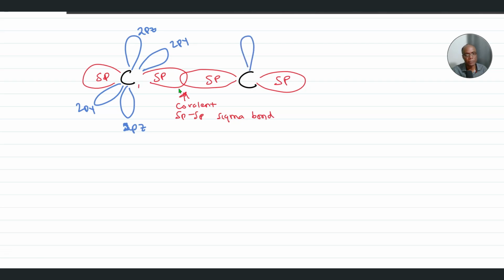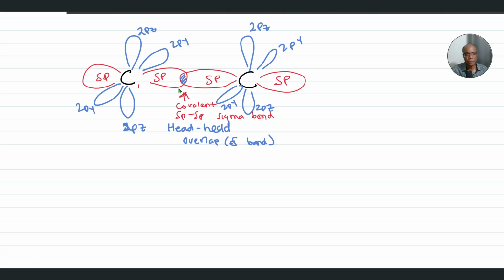So similarly, this one will have a 2pz unhybridized orbital, that's your 2pz, and then 2py on the other end of 2py. So remember here where the orbitals are overlapping, head-to-head overlap, that's where we are getting our sigma bond, covalent bond.